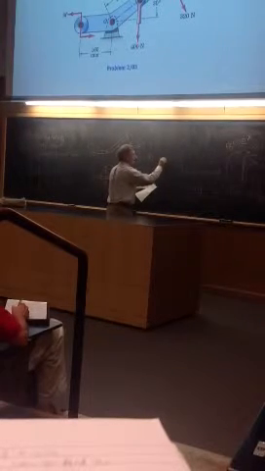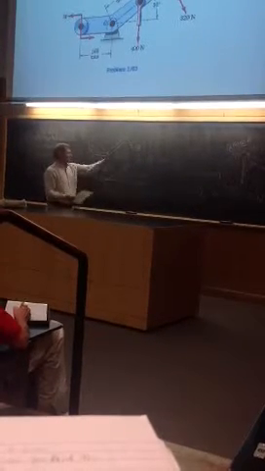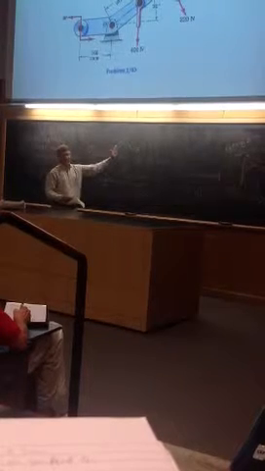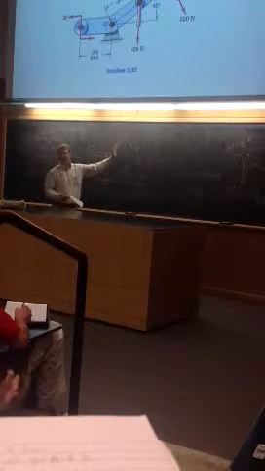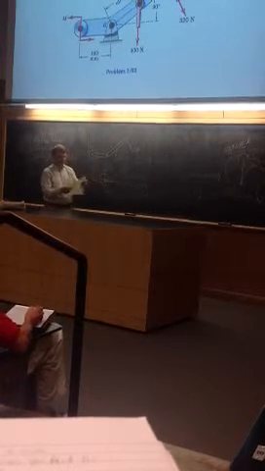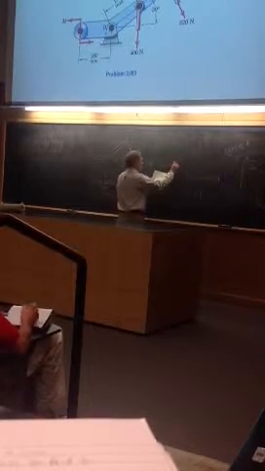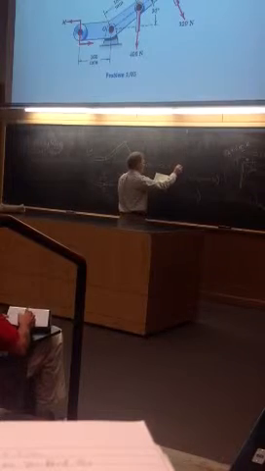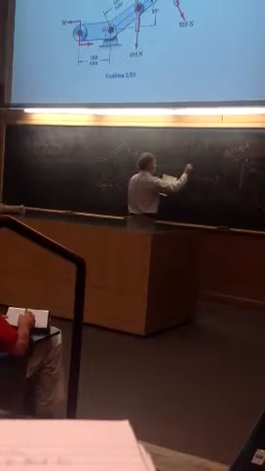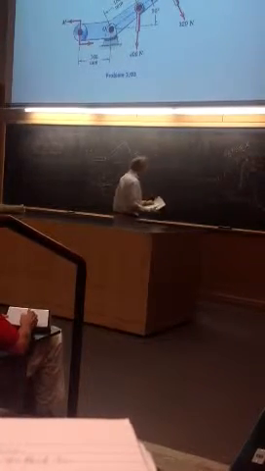minus, for the 400 Newton force, the moment is the magnitude of the force times the perpendicular distance between the line of action of the force and the point we're taking moments about. And that perpendicular distance is going to be 0.15 times the cosine of 30 degrees.